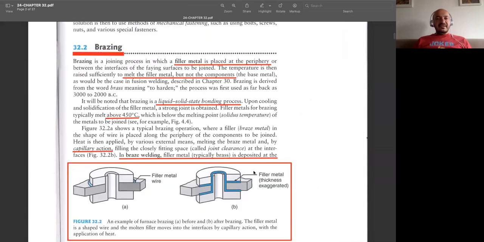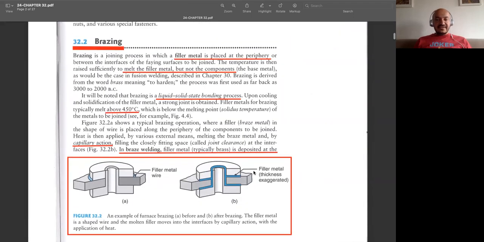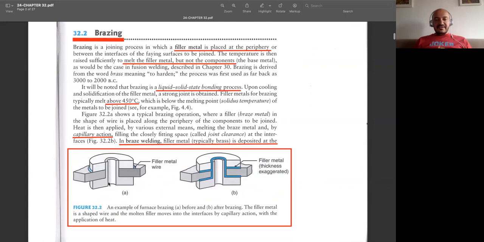Now let's start with the brazing process. You can have a look at a simple example of the brazing process here. These are the two parts to be joined together.